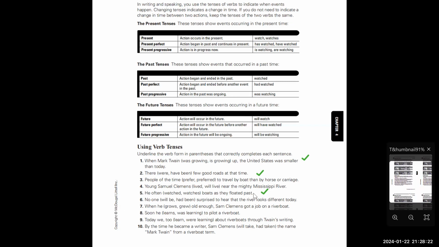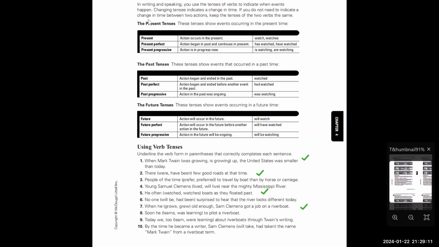Number 8. Soon he blank. Was learning or... Try to analyze the sentence. Your clue there is soon.